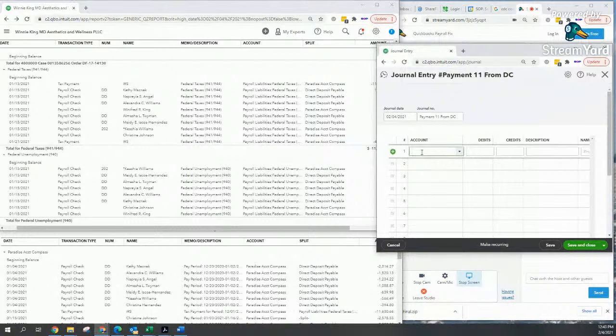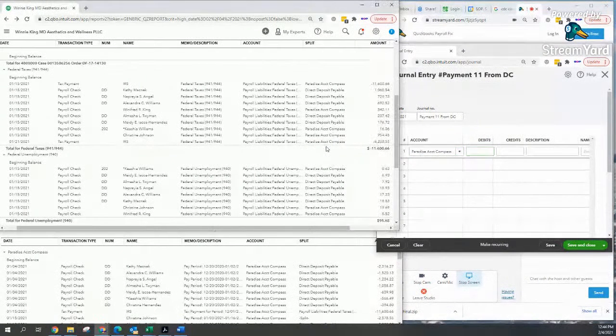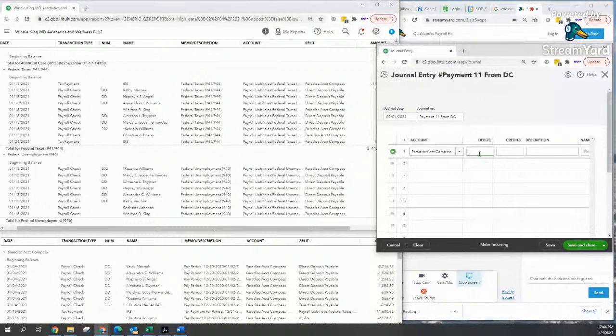So in the Paradise account, 4,255 did not come out of this account. What's it to? So it's a debit, so you didn't need to do it negative. You just put it in the debit department. But the fact that it's a negative and the other ones are positive isn't an issue, right?